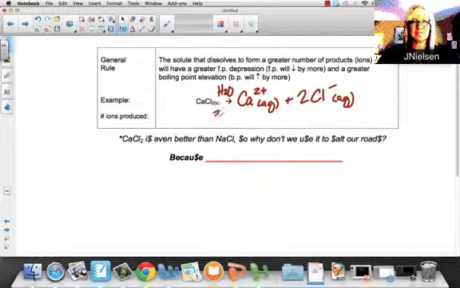So this is a total of 3 moles of ions, 1 from here and 2 from here. So even though CaCl2 depresses the freezing point more than NaCl, why don't we use it to salt our roads? The bottom line is because it costs more money.